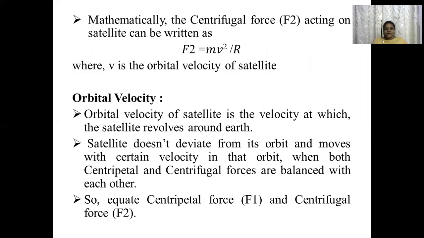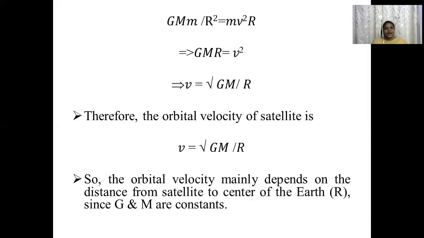The orbital velocity of the satellite is the velocity at which the satellite revolves around the Earth. The satellite doesn't deviate from its orbit and moves with a certain velocity in that orbit only when the centripetal and centrifugal forces are balanced. So we are equating centripetal force and centrifugal force, F1 and F2.